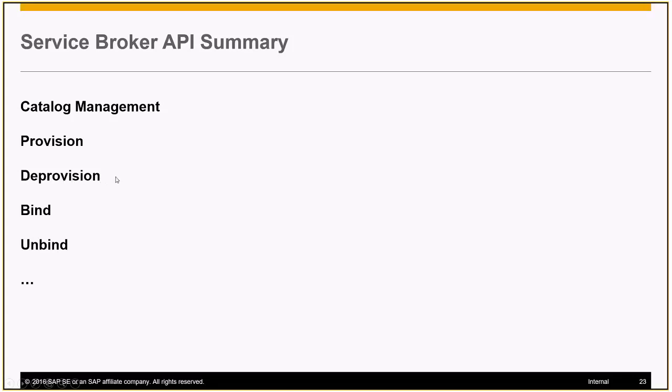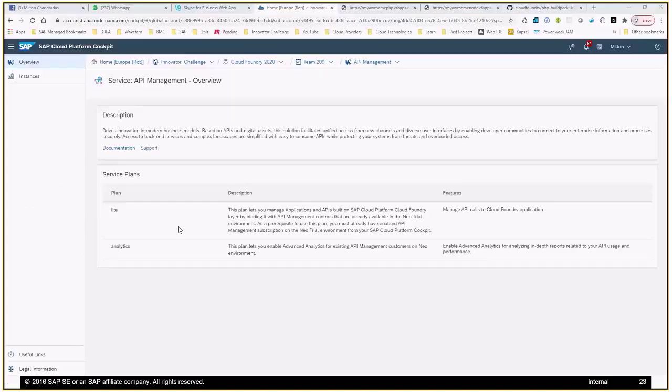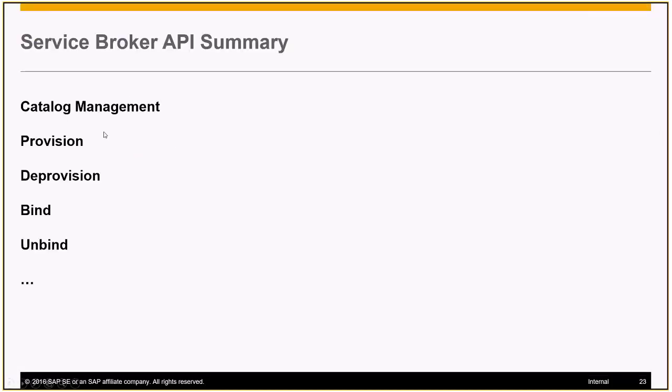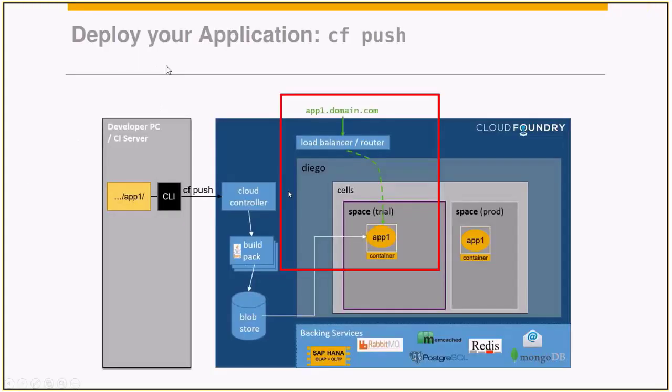There needs to be an API for deprovisioning it, and an API for binding and unbinding. We saw how we can bind. Those exist because they've implemented these service broker APIs. And again, these are open, so anyone can create a service and have it implemented.